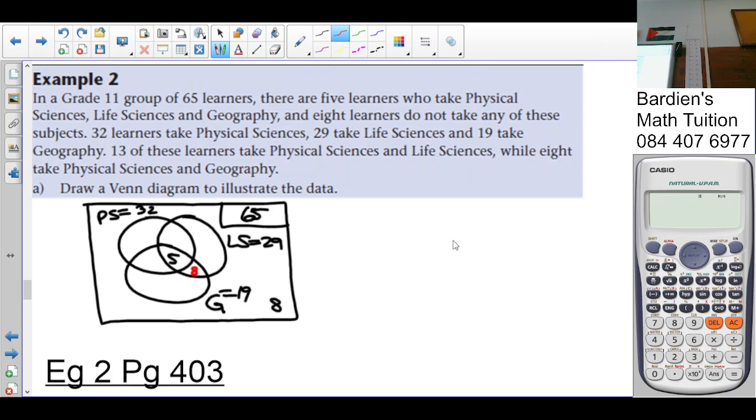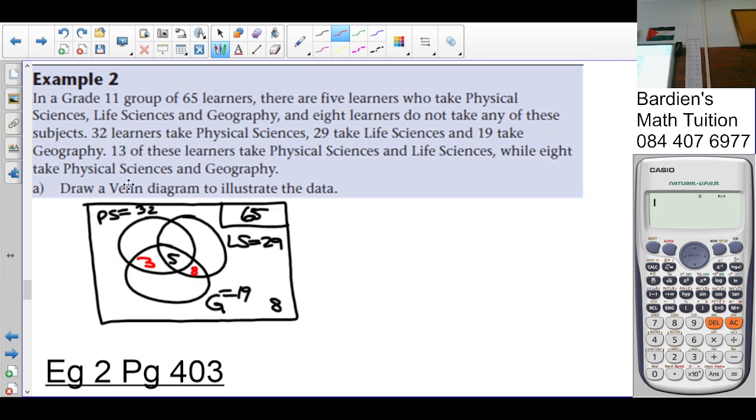Yes? And so 13 of these learners take physical science and life science. Well, 8 takes physical science and geography. How many? 8. 8 minus 5 is 3. Again, all of that, 8 would cover all of those as indicated. Okay?